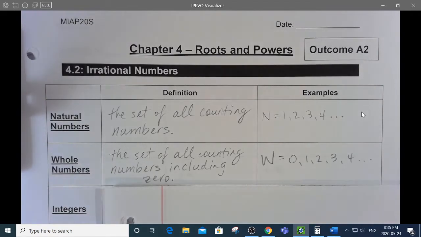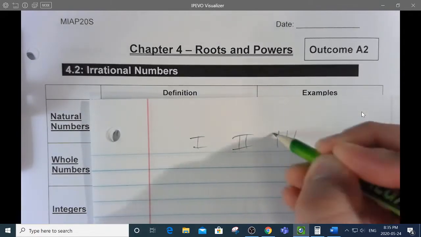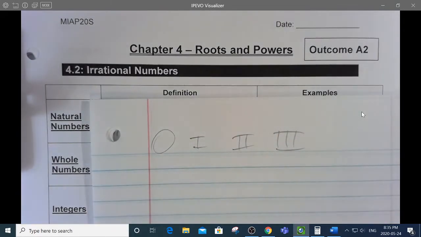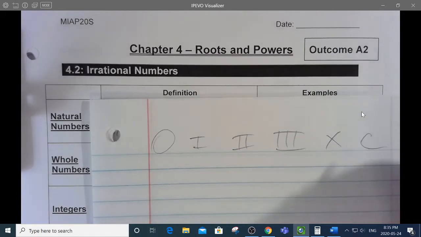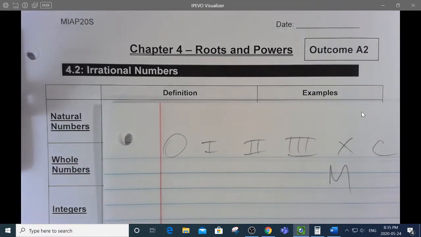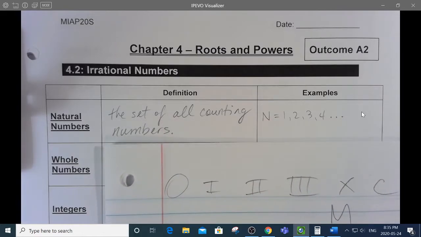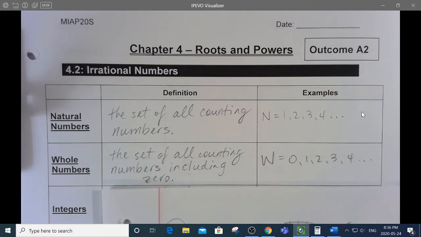If you think about it, for example, Roman numerals go I. They didn't need a symbol for 0, and they didn't need it when they got to 10 or 100 or 1,000, because they didn't use 0 as a placeholder, so they didn't actually have 0 as a number in their counting system. But we do use zeros, not just as placeholders, but as an actual number that means no value. So we call that whole numbers.